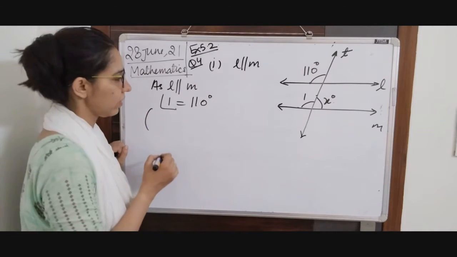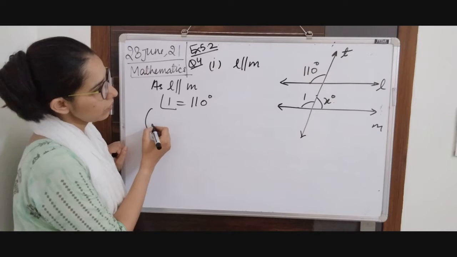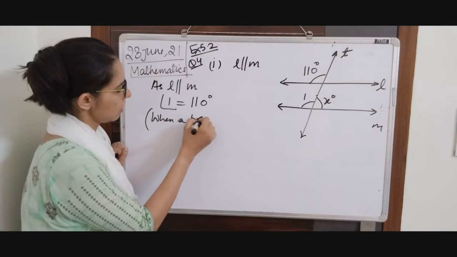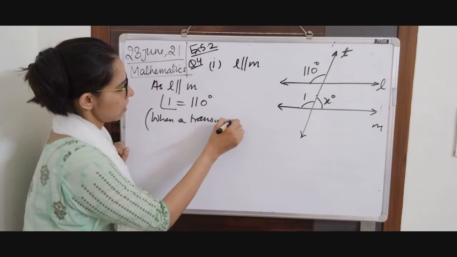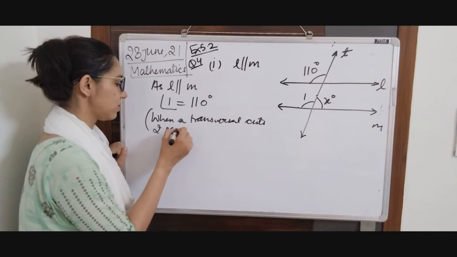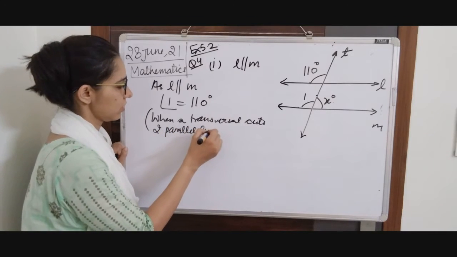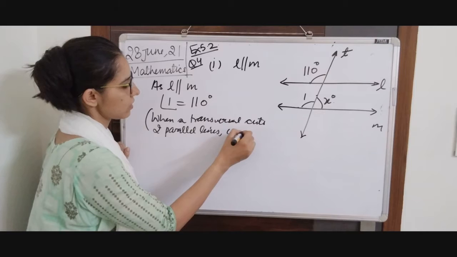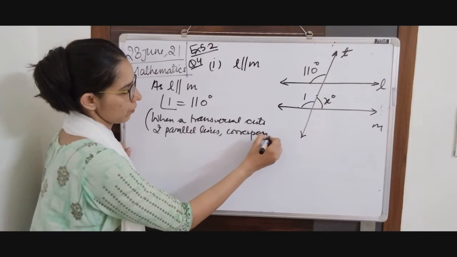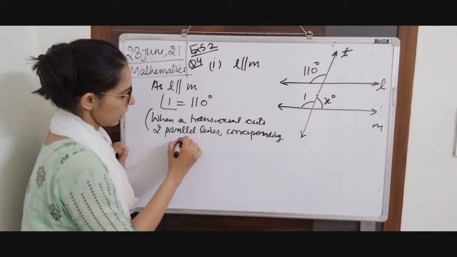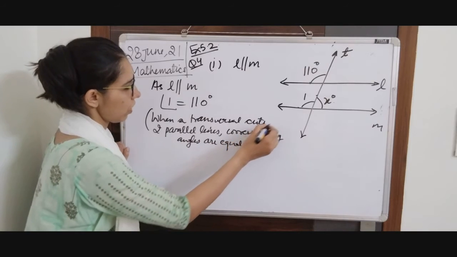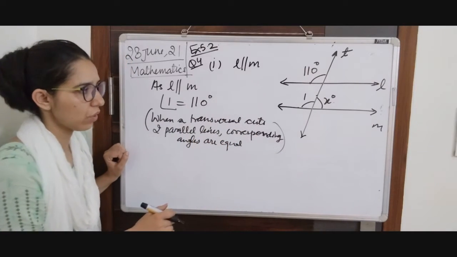I will write my reason, because when a transversal cuts two parallel lines, which is given to us, corresponding angles are equal. Okay, so our angle 1 is going to be 110 now.